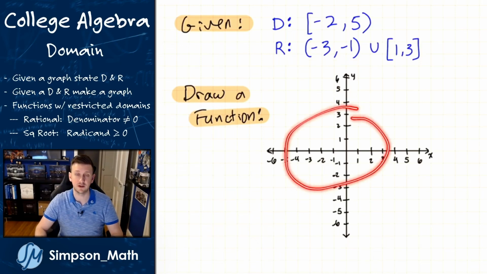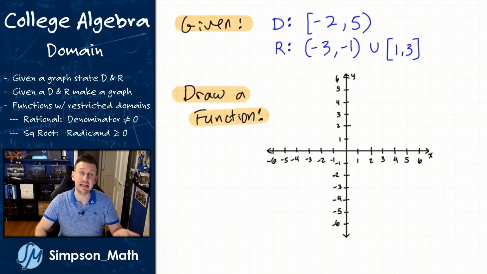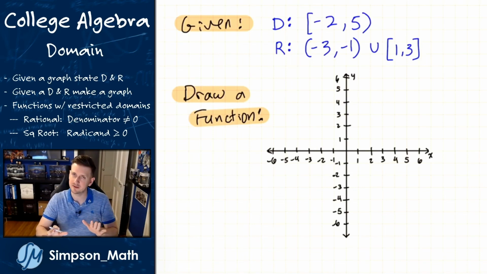I want you to draw a function. Now, there's technically an infinite number of possibilities that would satisfy this. Big key things that students mess up: they don't draw a function, all right? So make sure that you don't have any repeated y's, or they'll mess up on some of the endpoints, or even put some values where they shouldn't. So, kind of like a little puzzle, take a second, pause the video, and try this on your own.